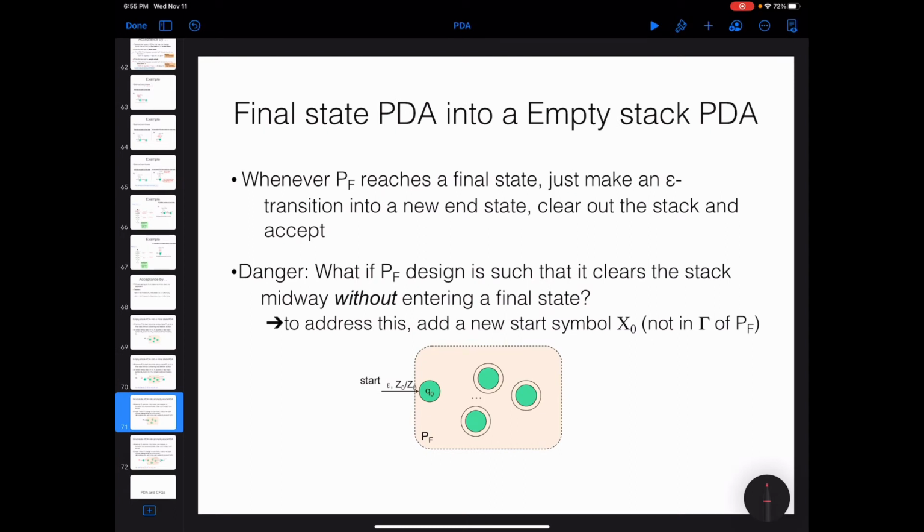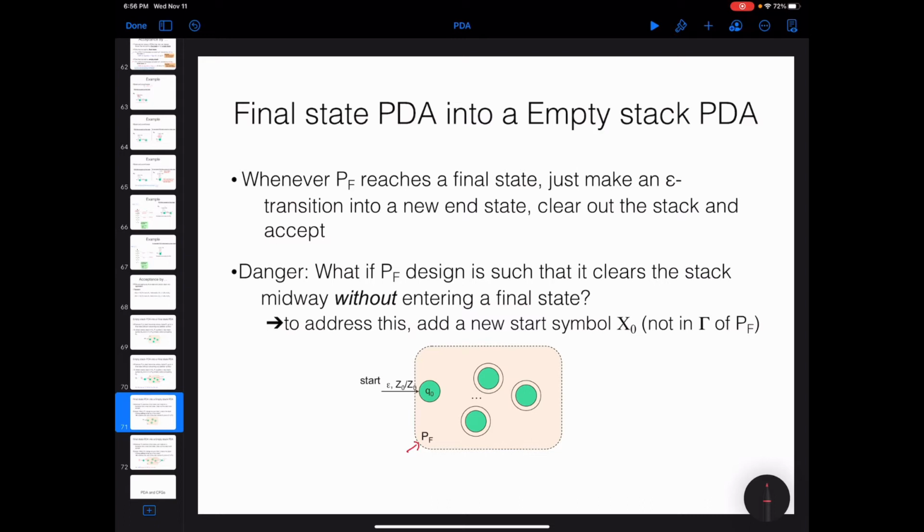So the other part of the proof is that I should show you how we can convert a pushdown automata that accepts by final state to a pushdown automata that accepts by empty stack. So just assume that I have a pushdown automata that accepts by final state, right? I can have as many final states as I want. It doesn't really matter how many.